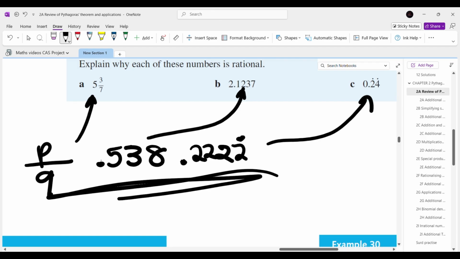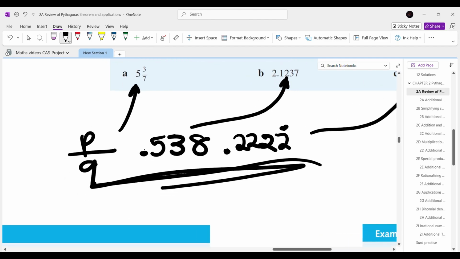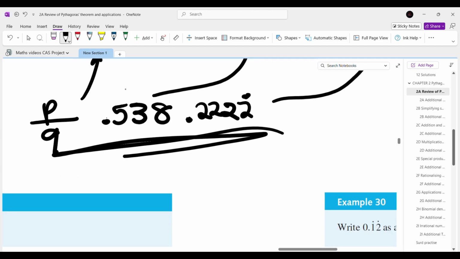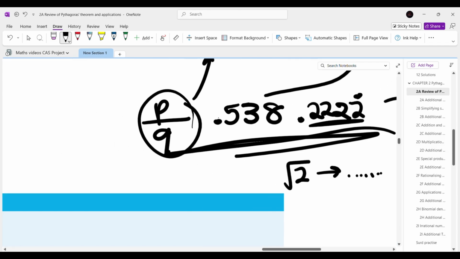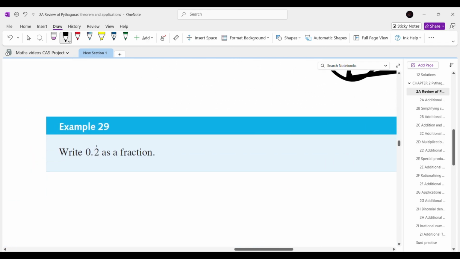However, when a number isn't any of these things, we can't express it as a ratio between two numbers, which is what a rational number is, and thus this number is irrational. For example, the square root of 2 doesn't terminate, it goes on forever, it doesn't repeat, and we also can't express it as the ratio between two numbers.